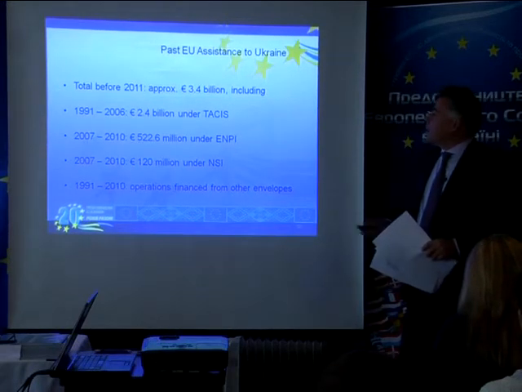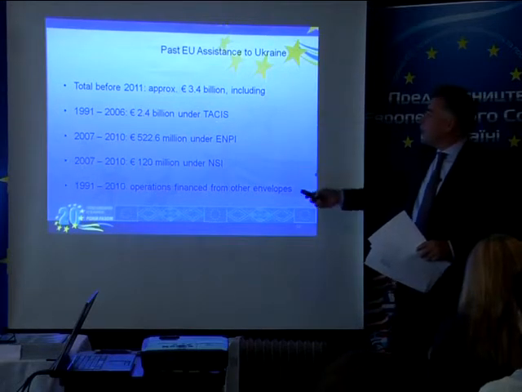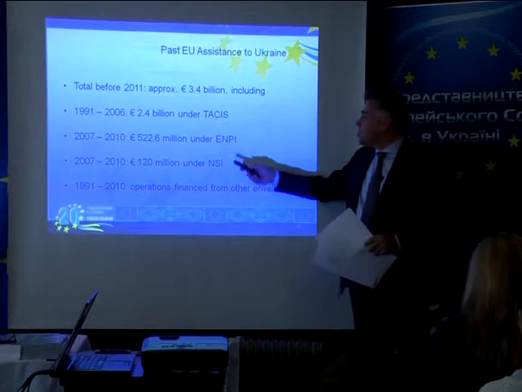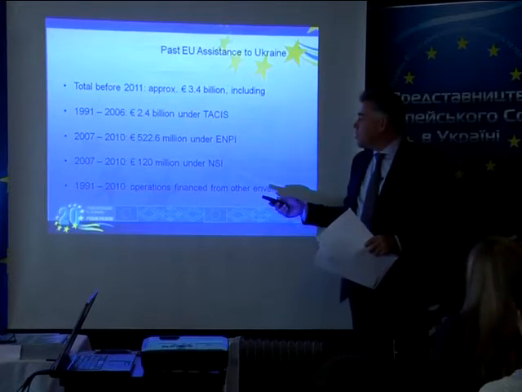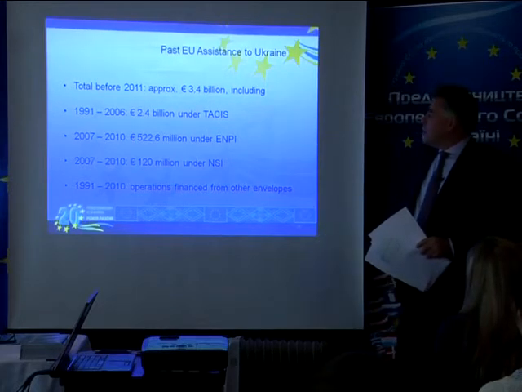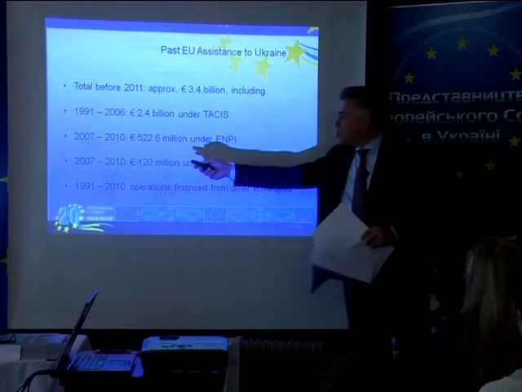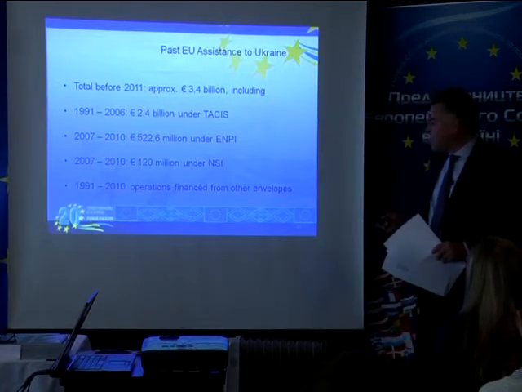So again, total, and that's actually figures before 2011, approximately 3.4 billion. And in that, there was 2.4 under TACIS, 522 under the European Neighbourhood Policy instrument, and for 2007 to 2010 only, there was 120 under the nuclear safety instrument.